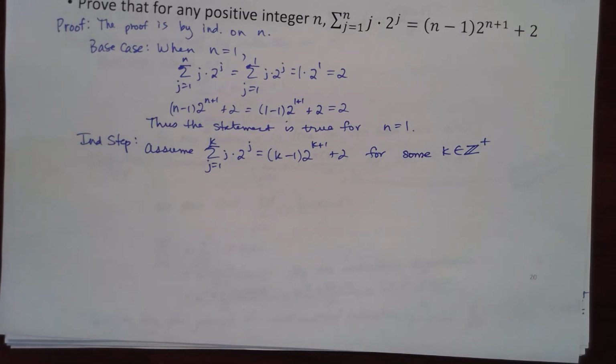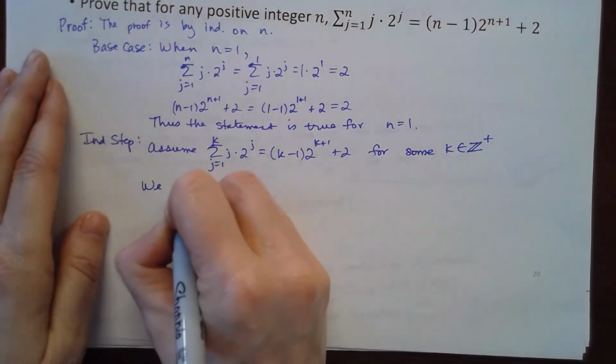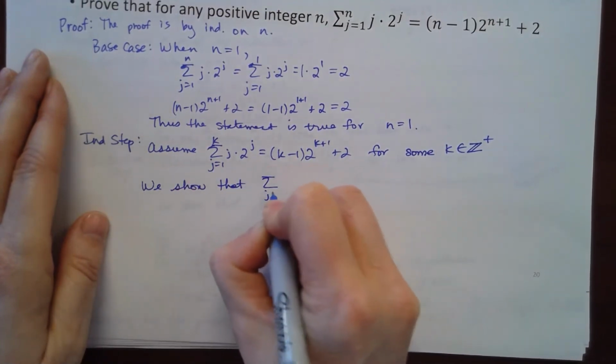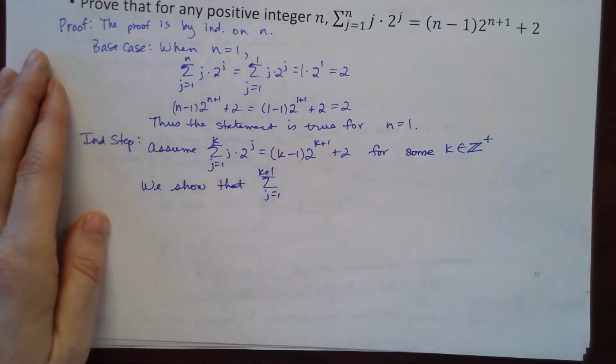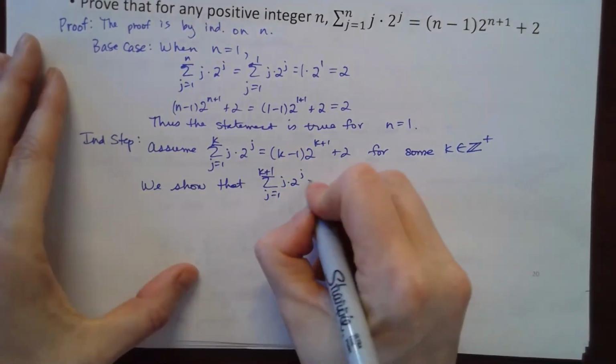And now what we want to show is if it's true for k, then it's going to be true for k plus 1. So we have that implication. Now we don't know that it's actually true for k. We just say if it is, then it'll have to be true for k plus 1. We're going to show that when I take my summation and stop it at k plus 1 instead, the formula still works.